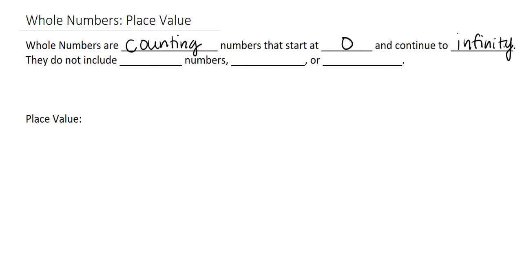So this means it's going to go from 0, 1, 2, 3, 4, and just continue on forever. What's important to know is they do not include negative numbers or decimals or fractions.